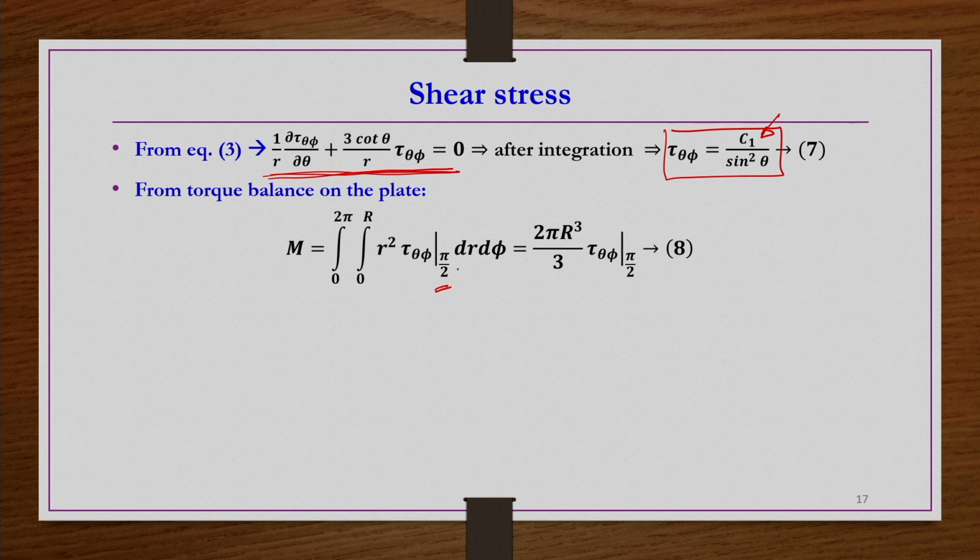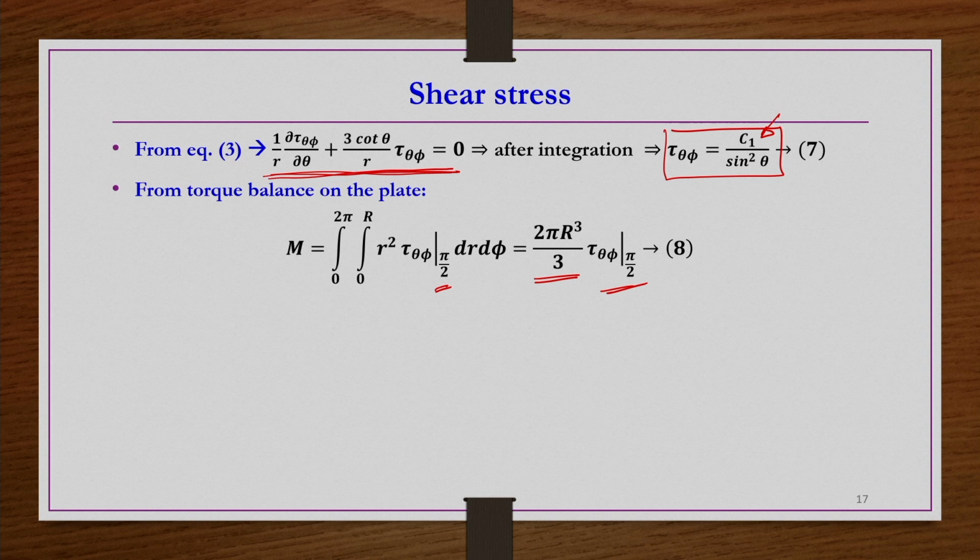After you do the integration, 2 pi r cube by 3. So, if you substitute the 0 to r limits, you will have r cube by 3 minus 0 cube by 3. So, that is 2 pi r cube by 3 tau theta phi at pi by 2.